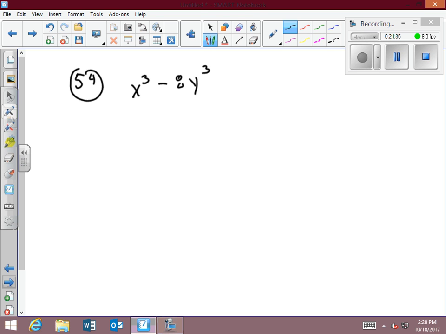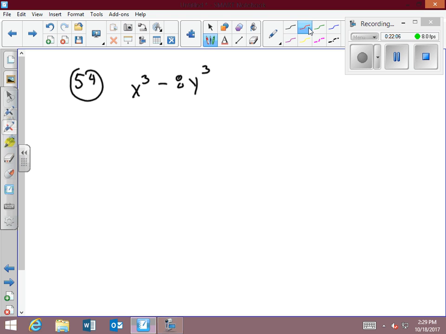Now the question is, it's cubed in the first one, so is the binomial a difference of cubes? If it is, what is A and what is B?